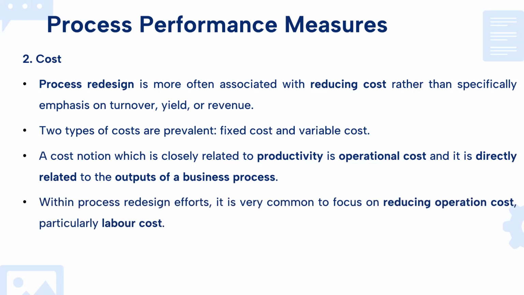One major component under operational cost is labor cost. When you are redesigning, you have to identify ways to reduce the labor cost, and how to optimally use the labor resources that we already have.